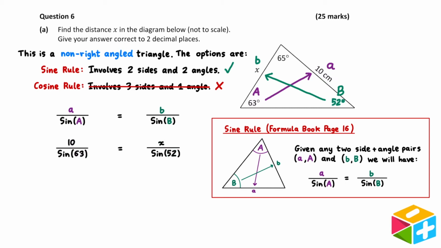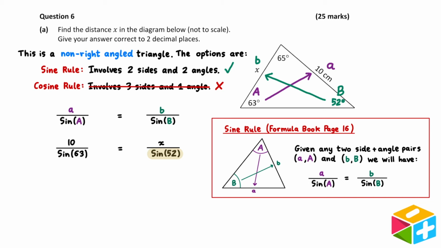Our goal here is to solve for x. In other words, to isolate x all by itself on one side of the equation. To do this, we'll need to remove the sine 52. A fraction represents division. X over sine of 52 is the same thing as x divided by sine of 52.